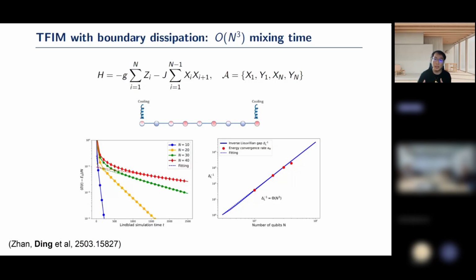In our papers, we also propose a technique to theoretically prove this mixing time scaling. We can rigorously prove that for this particular model, the mixing time scales as order n cubed. Since this mixing time is polynomial in the number of qubits, we call it fast mixing.